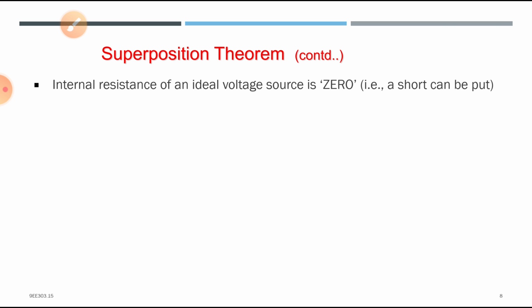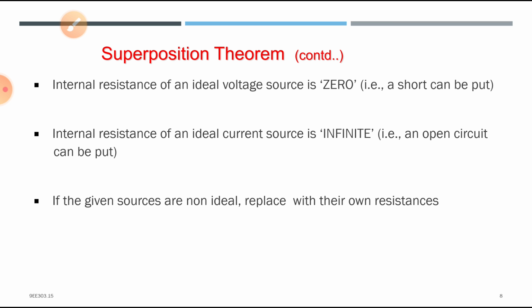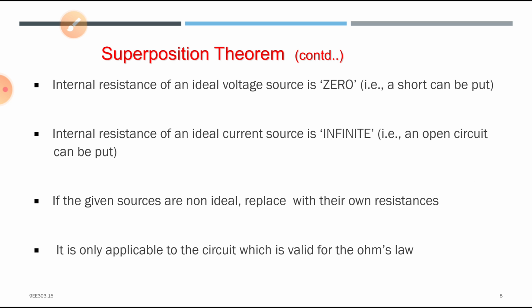The internal resistance of an ideal current source is infinity, so open the two terminals in the given network. If the given sources are non-ideal, practical ones, then replace them with their own internal resistances. It is only applicable to circuits which are valid for Ohm's law.